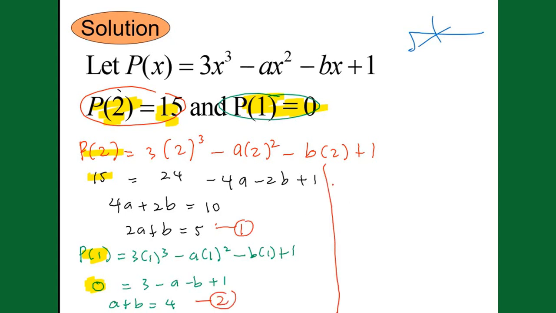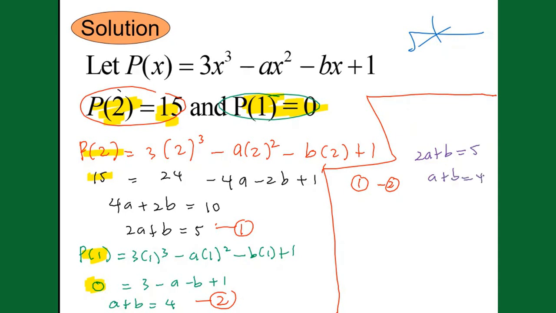Kita gunalah. Okay, so equation 1 minus equation 2. Equation 1, 2A plus B equals 5. Yang ini A plus B equals 4.